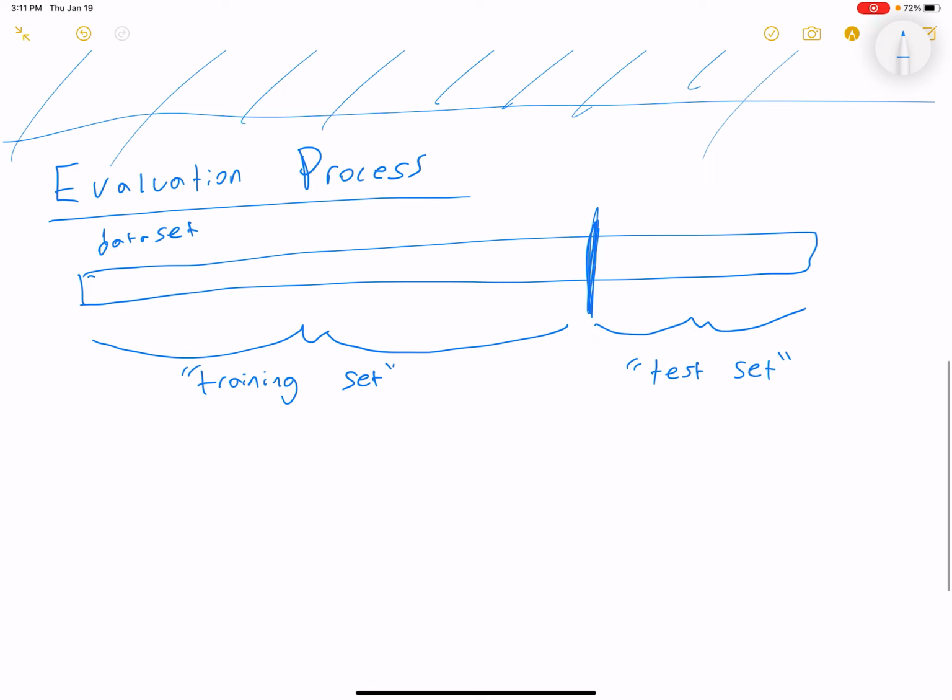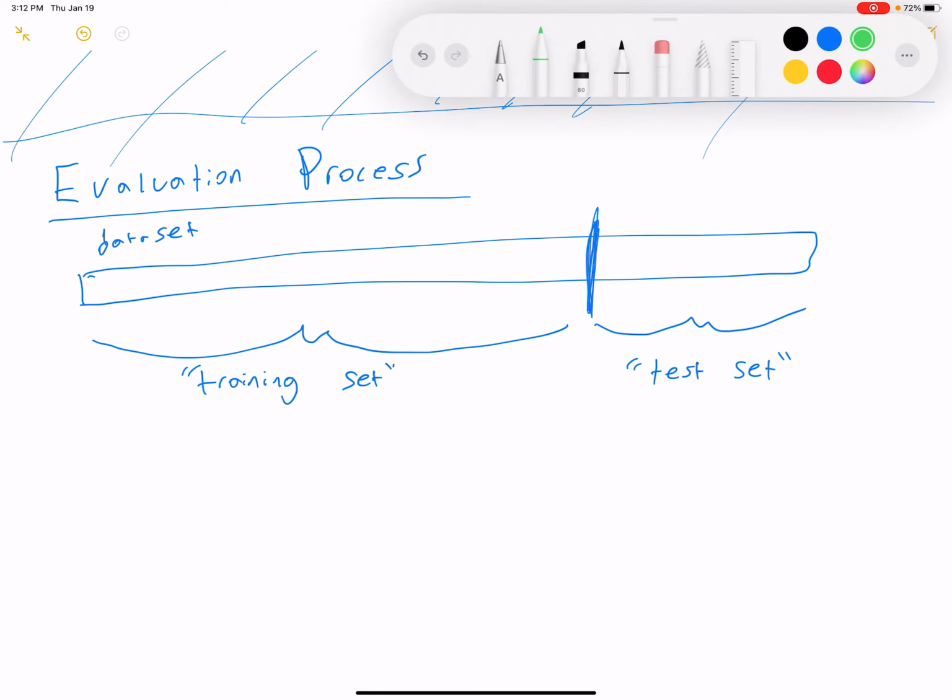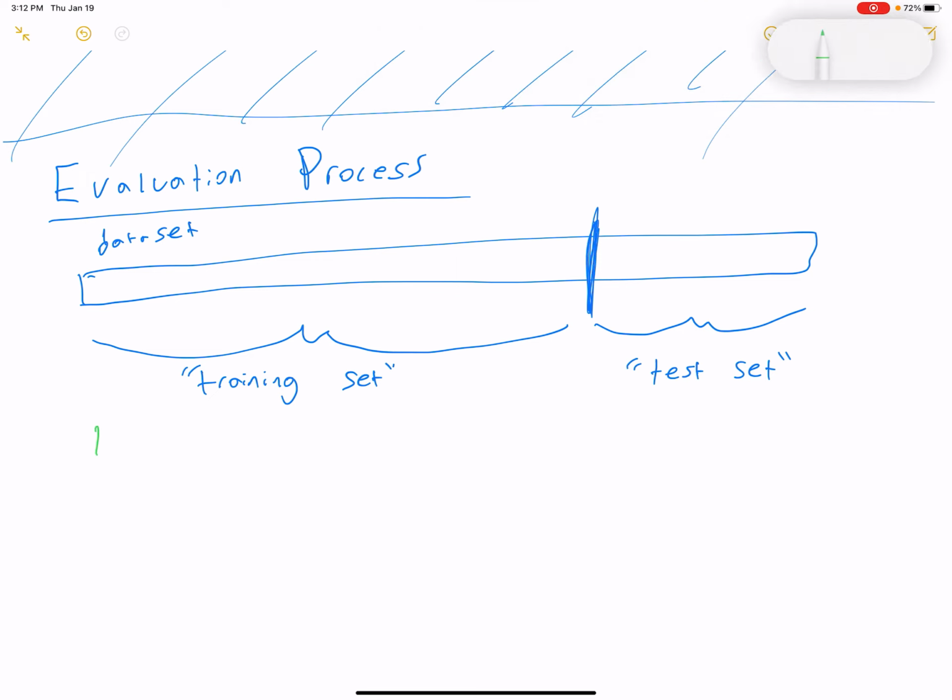Okay, whole new section. So how we evaluate machine learning models. We split up our data set into a train set and a test set. The training set is what we use to learn the model parameters, learn theta. And the test set is what we use to test the learned parameters on unseen, in quotes, data.